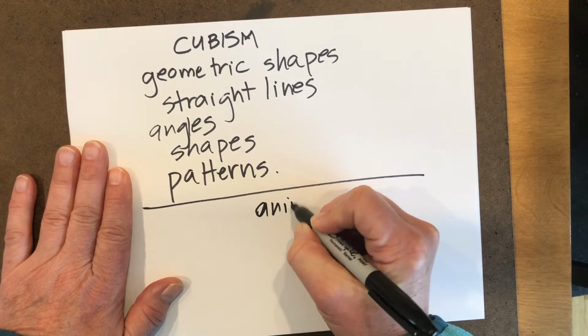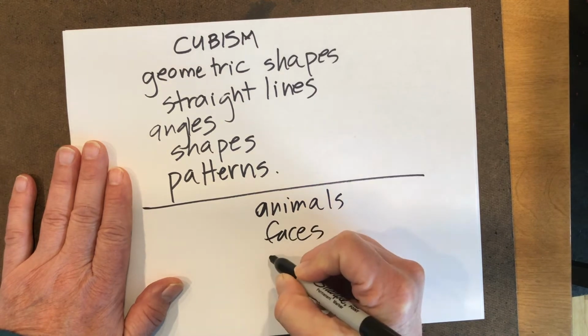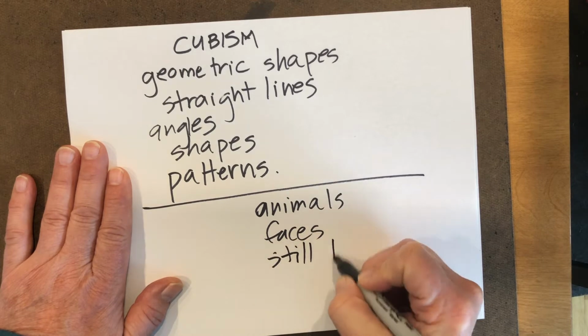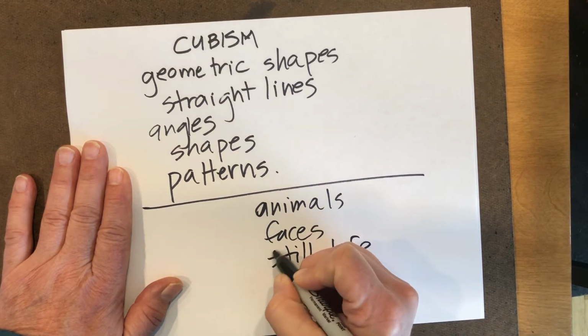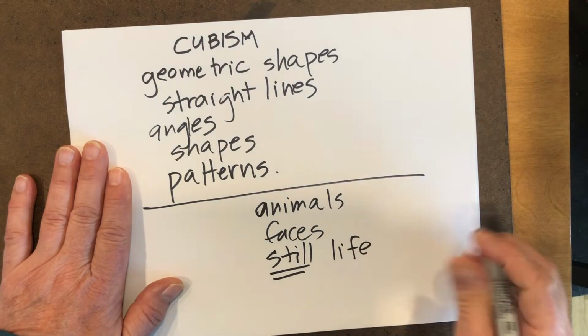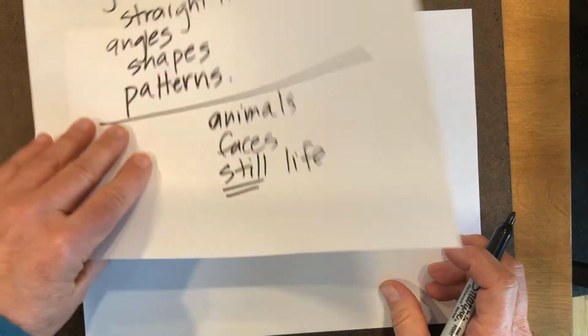We could do animals. We could do faces. We could do still life, which are objects that don't move. They're still.